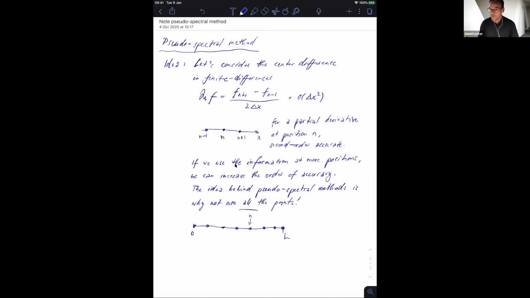That will give us the highest possible accuracy of the stencil. That's the main idea behind the pseudo-spectral method. So just use all the grid point information in order to get a method which is as accurate as possible.